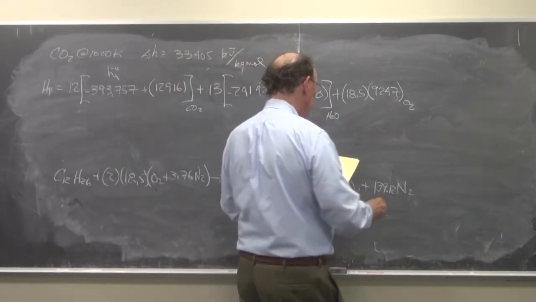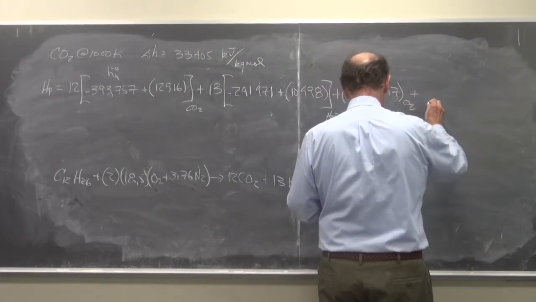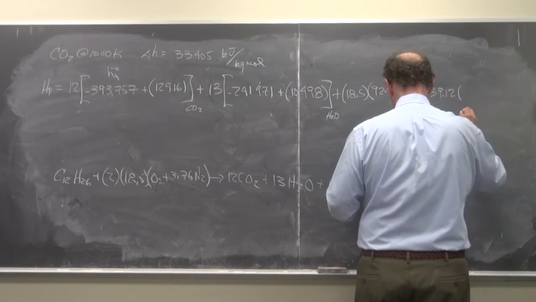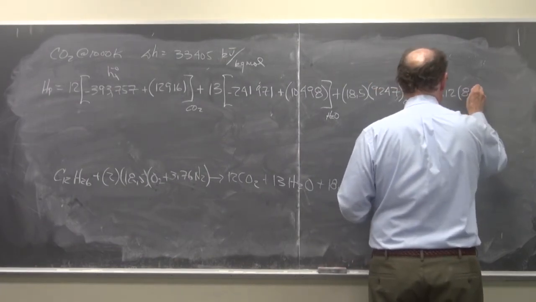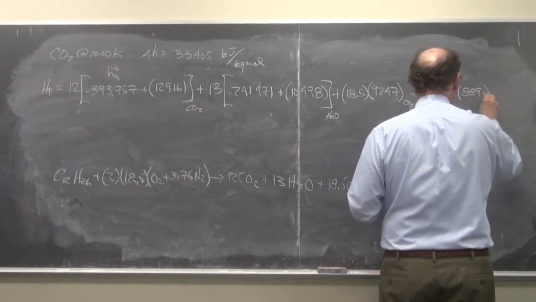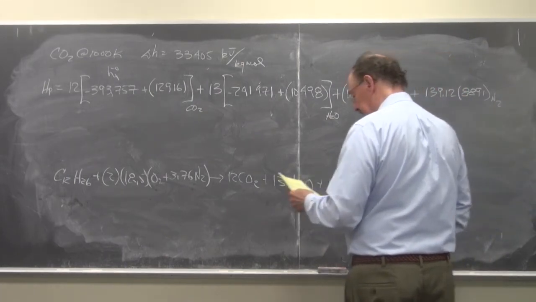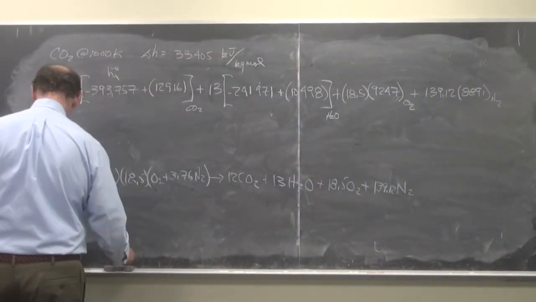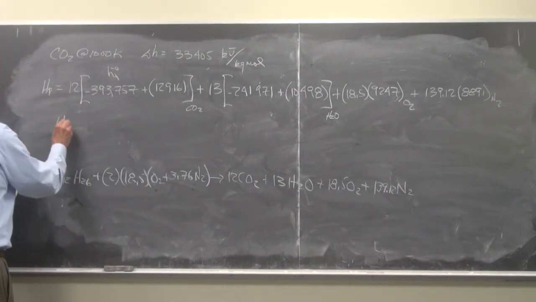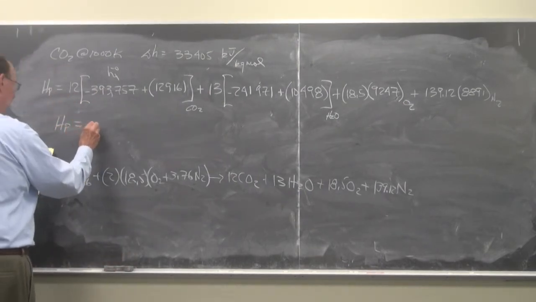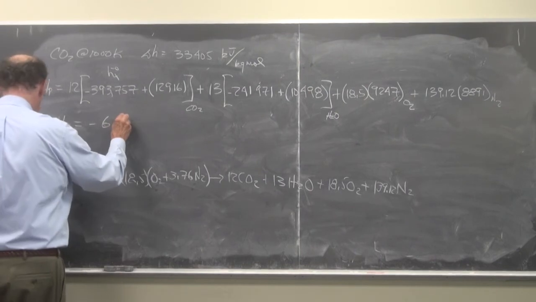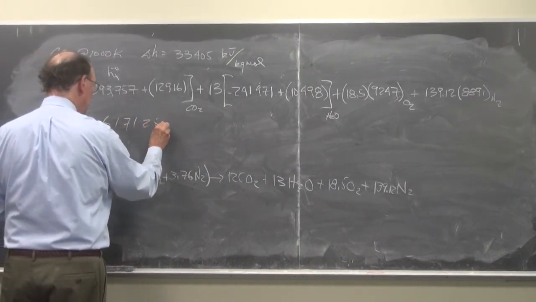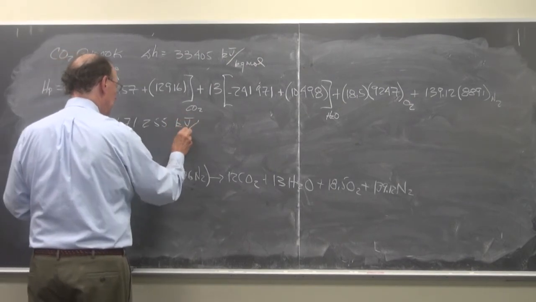And then I have it for the N2 plus 139.12 times the delta H, 8891 for the N2. So if I do that, I get H sub P is equal to minus 6171255 kilojoules per kilogram mole.